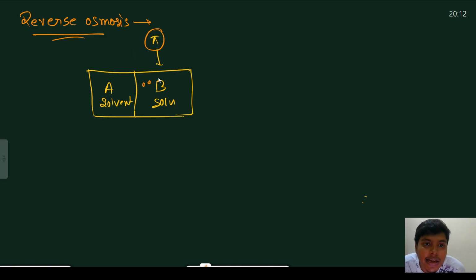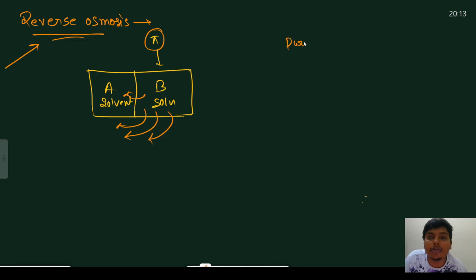Whatever the solvent particles are here, they will come to this side, yes or no? If I give more than pi, whatever the solvent particles, they will come this side. This phenomenon is known as reverse osmosis, and by this we purify water, seawater.